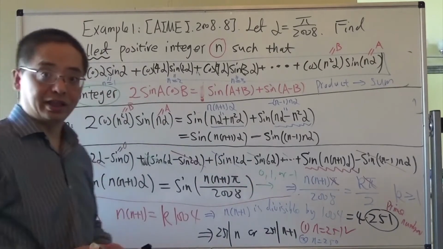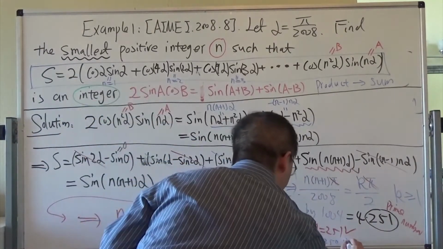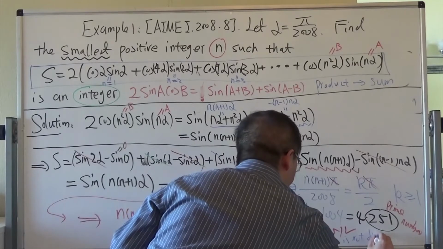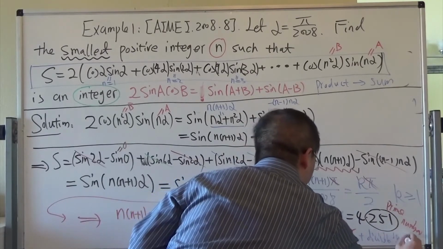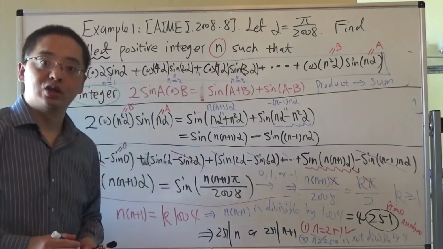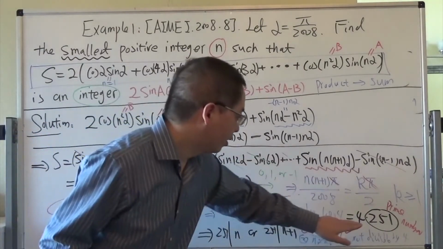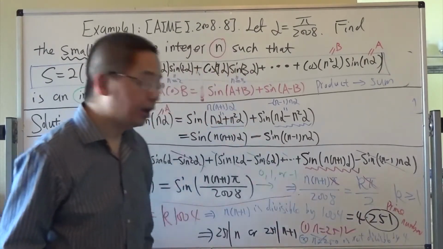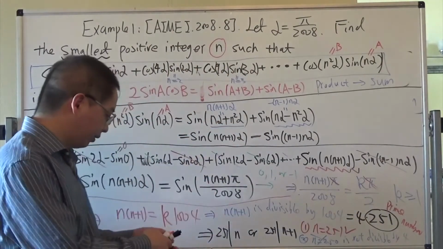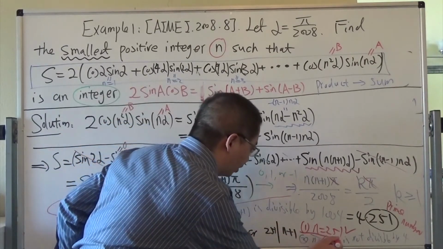But 250 is not divisible by 4, and 251 is not divisible by 4 either. Therefore, this is not valid, since we need to make sure n times n plus 1 is divisible by both 4 and 251.